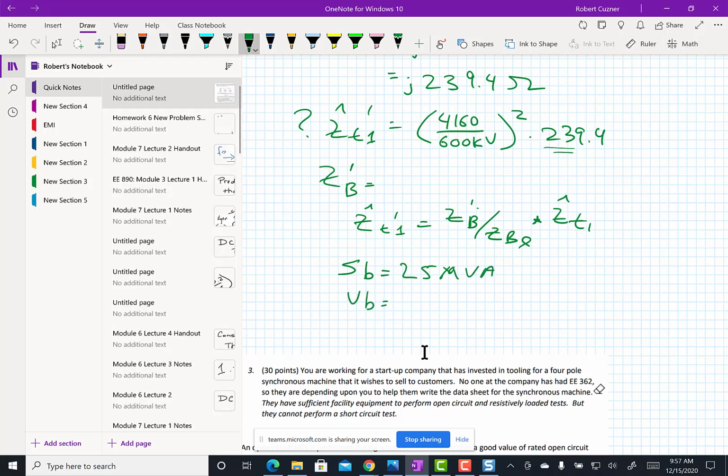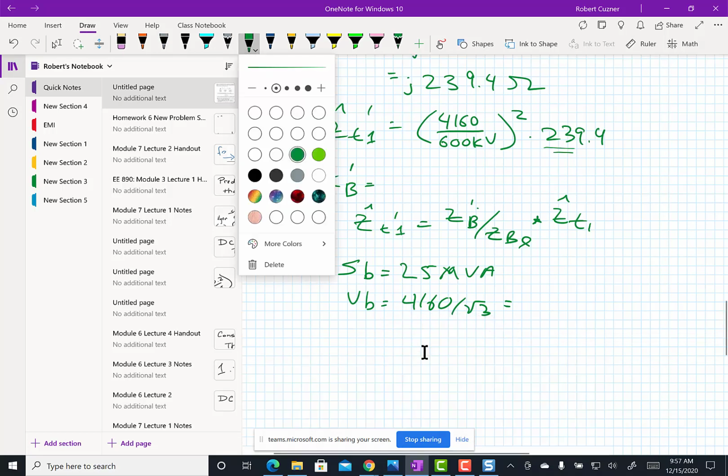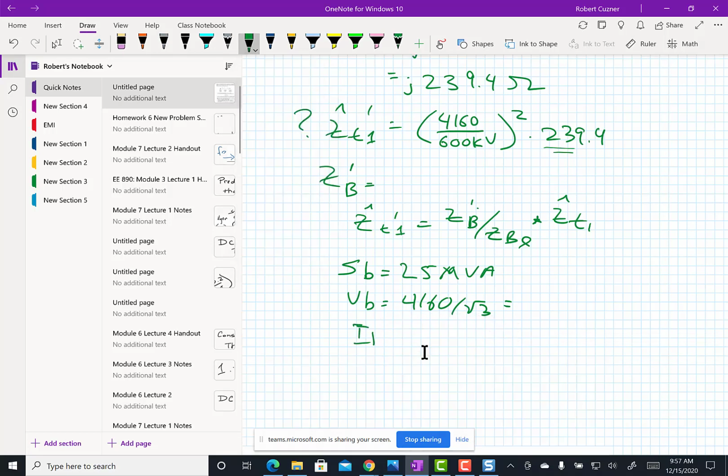The V base is 4160 divided by square root of 3. And the I base is the S base divided by 3 times the V base. So 4160 divided by square root of 3 is 24, it's about 2400.